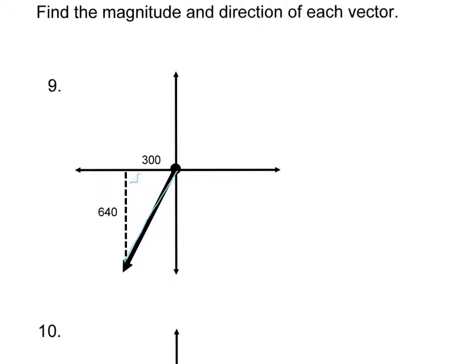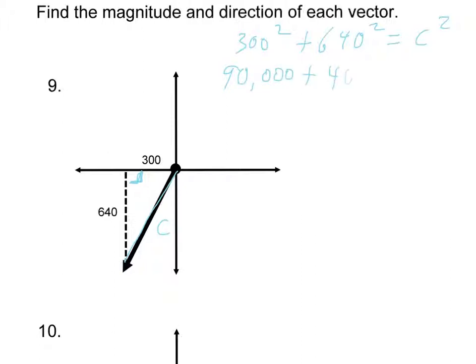Now, if that's a right triangle, which it is, we can solve for, we'll call it c, by using the Pythagorean theorem. 300 squared plus 640 squared equals c squared. Remember, the Pythagorean theorem is used when we have two sides of a right triangle and we're wanting to find the missing side.